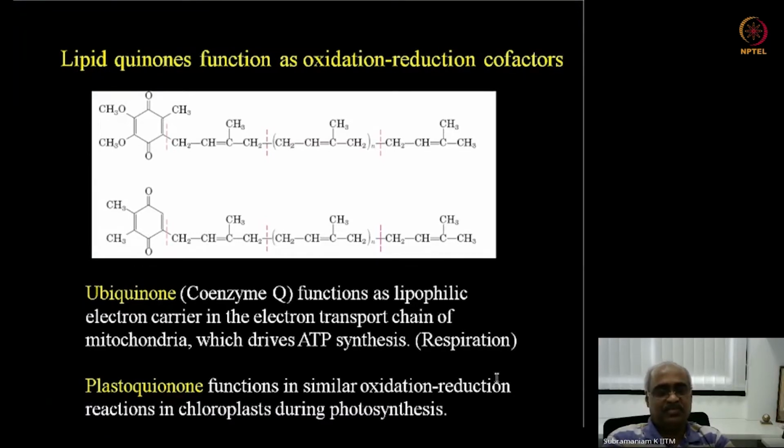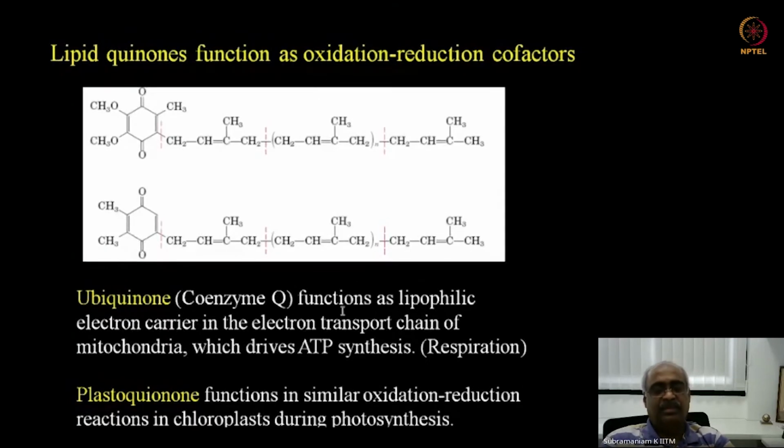So what these molecules do, these quinones, because they have the basic quinone structure: ubiquinone, also known as coenzyme Q, is on the membrane. This is in the inner membrane of mitochondria. We will learn this in detail when we go to the electron transport chain.